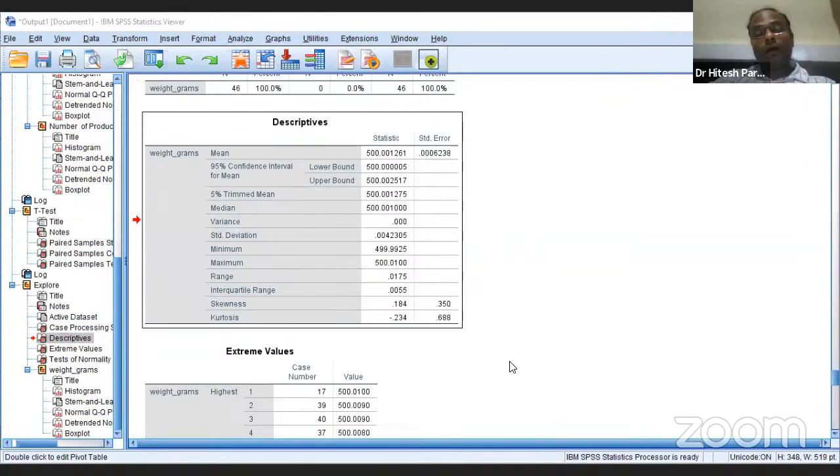See, if both are saying it is not normal, then don't look at the skewness and kurtosis. If both are saying normal, then also don't look at them. Only in the case of contradiction, look at the skewness and kurtosis. Is it clear? If one is saying normal and the other not normal, then only check the skewness and kurtosis and move ahead.